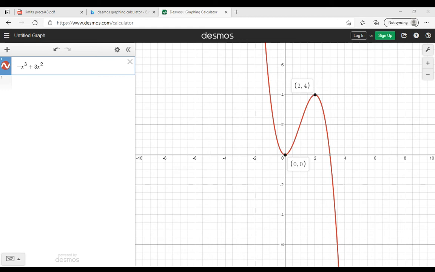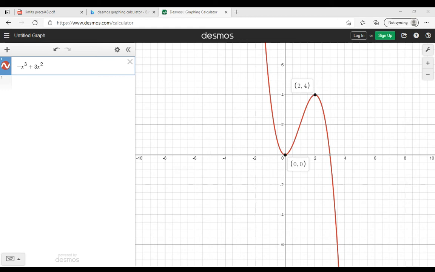This is always the x values. You're not going to use the y values. You're only going to use the x value. At this point, you turn and you start going up. So this is an increasing interval. This one increases from 0 to 2. You never use the y value, always the x values.